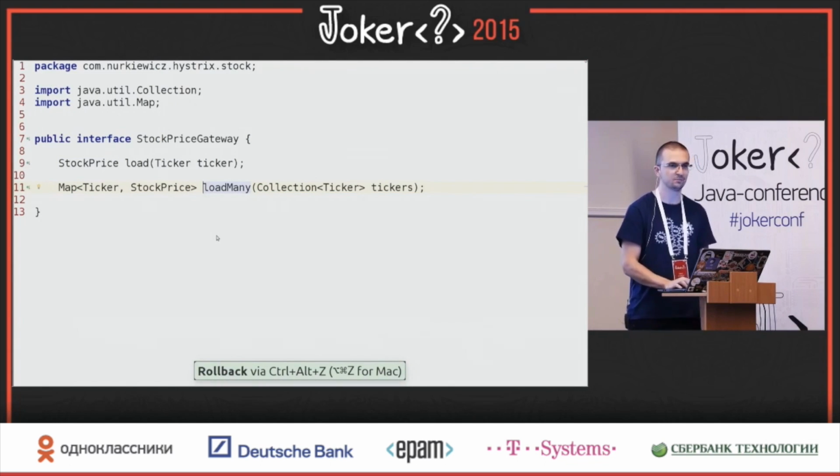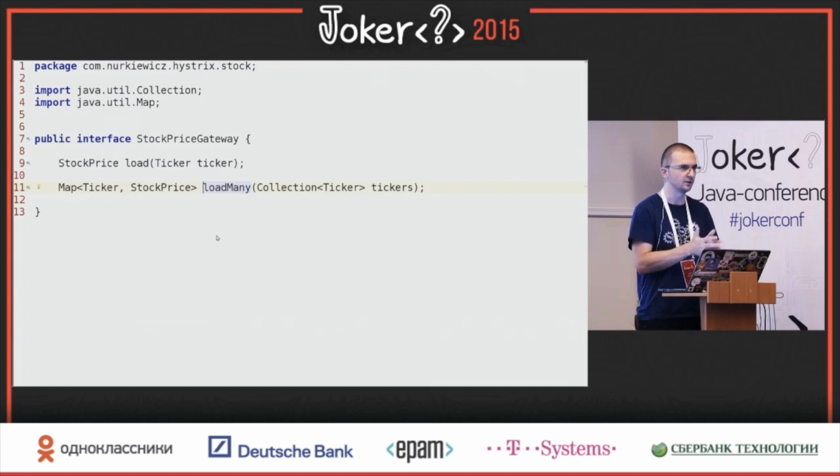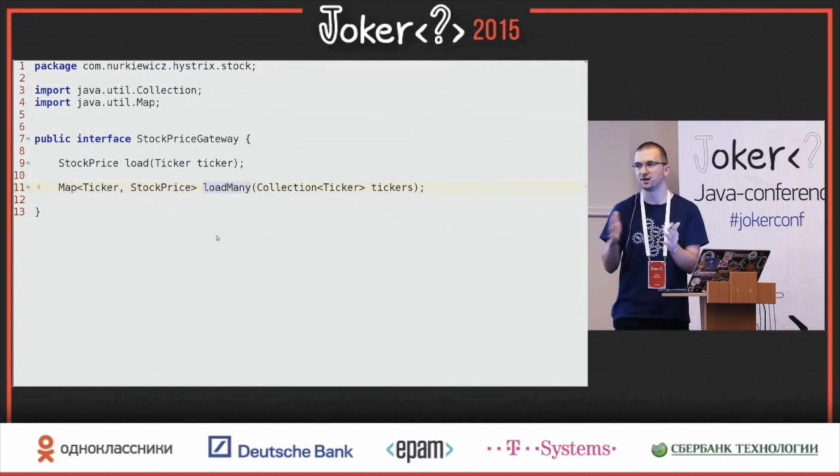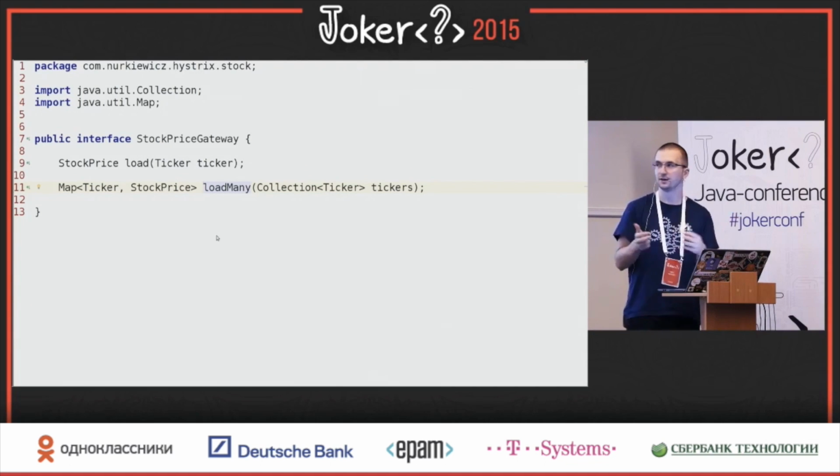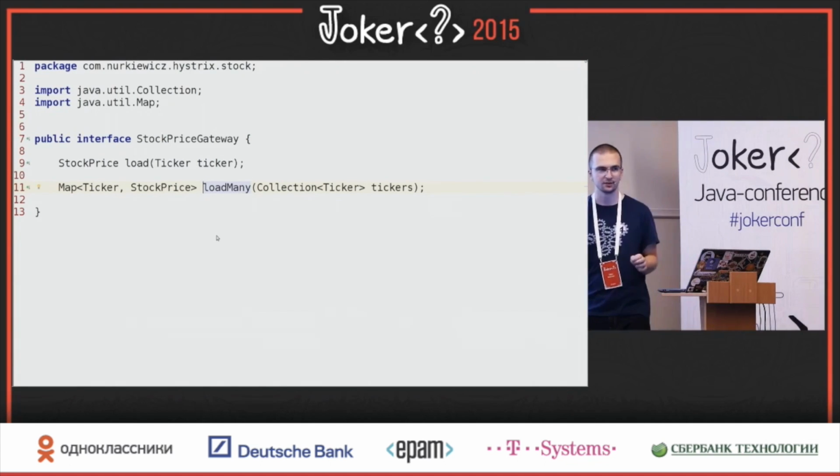Okay, so this is our API. And of course, it's really simple if we have a single thread and this thread knows all the stocks it wants to ask for. So we have a single HTTP request, and the single HTTP request wants to ask about IBM and Microsoft. Then we're just calling the load many method, and that's it. But what if we have two threads, two independent HTTP requests?